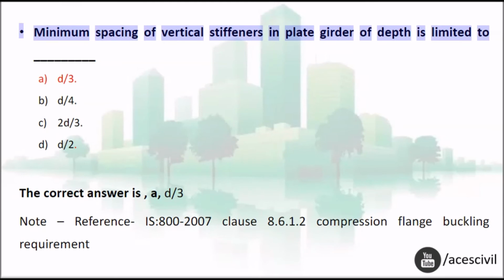Minimum spacing of vertical stiffeners in plate girder of depth D is limited to A. D/3, B. D/4, C. 2D/3, D. D/2.